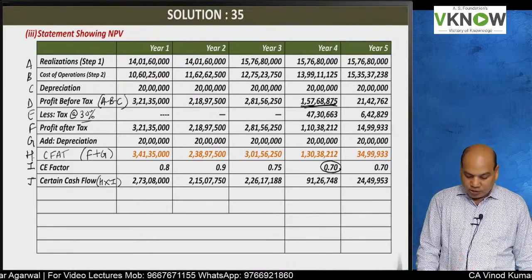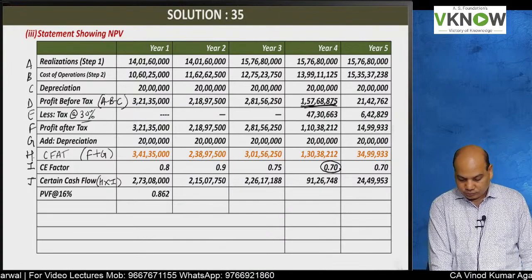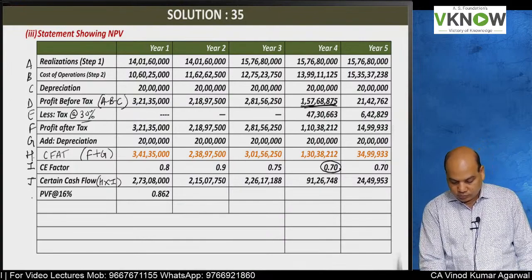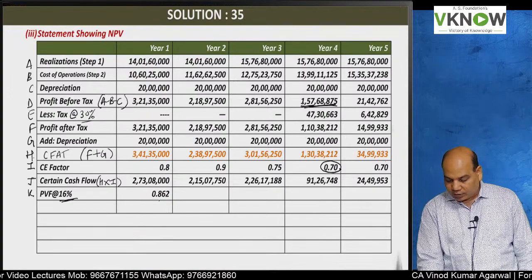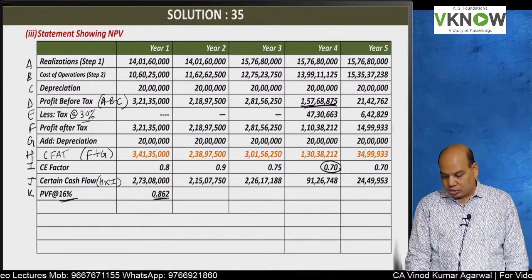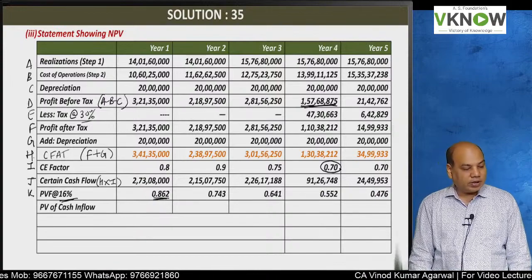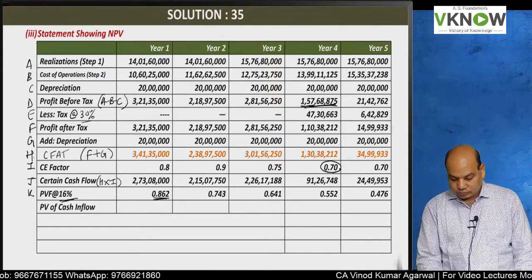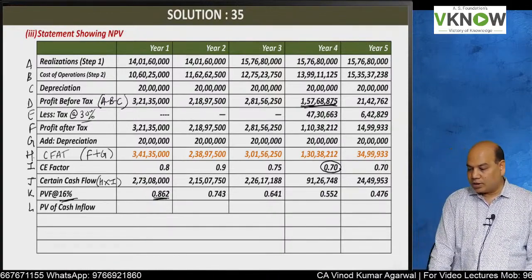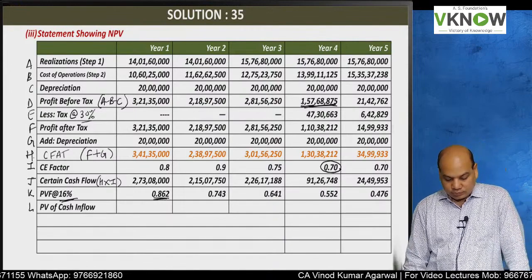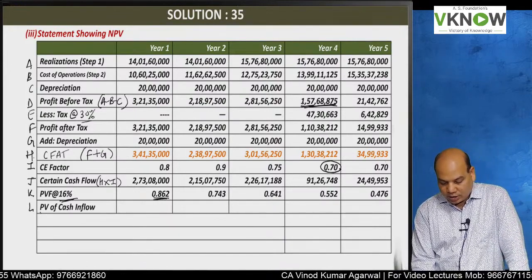And they have given you PV factor also. When they have given you the factor, don't use your own calculation. Use the factor given in the question. Point number L, write down PV of cash inflow.